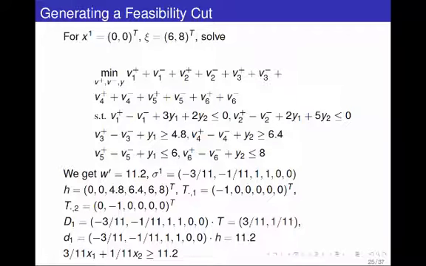Now, if we then ask our favorite linear programming solver what are the dual optimal multipliers, we get back a response like this. And we generate the feasibility cuts by looking at what is my h vector, what is my T matrix, and I apply the formula that I showed you earlier. I get this coefficient matrix here, and this right-hand side right here.